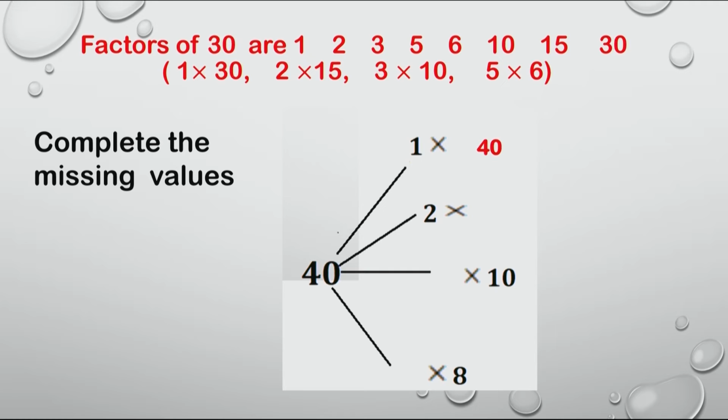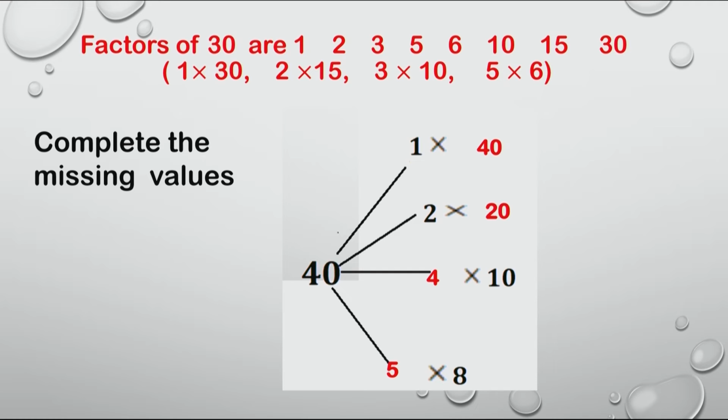Okay? So if you've done that, it's 1 times 40. 1 and 40 are factors of 40. Second one, 2 times 20. 2 and 20 are factors of 40. Next one, 4 times 10. So 4 and 10 are factors of 40.